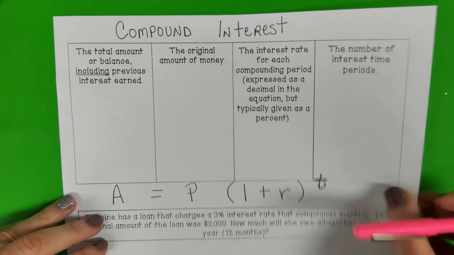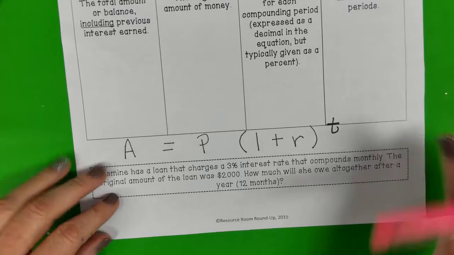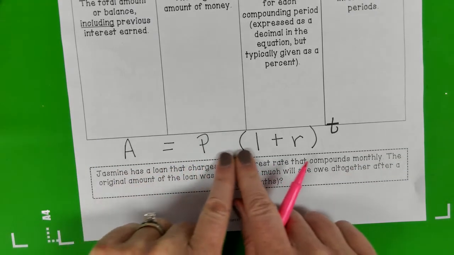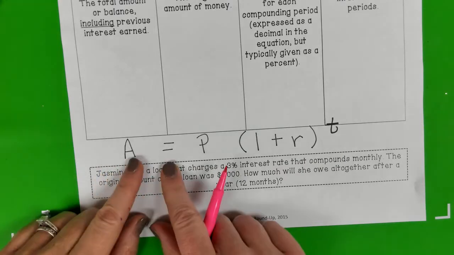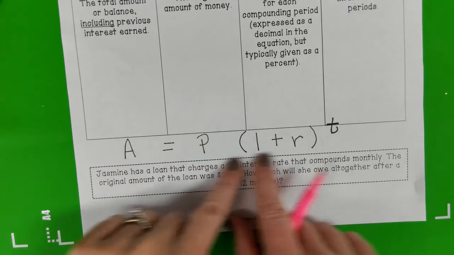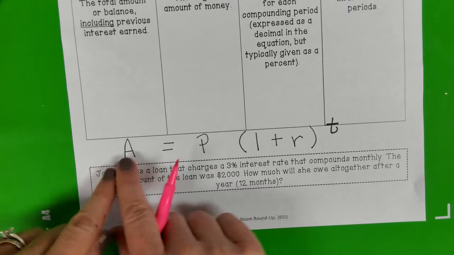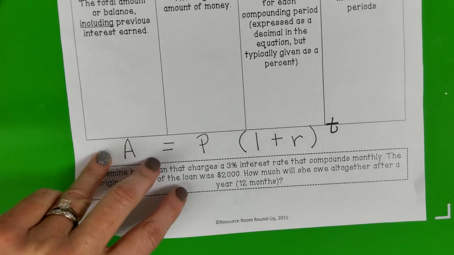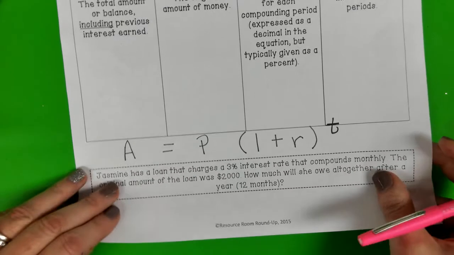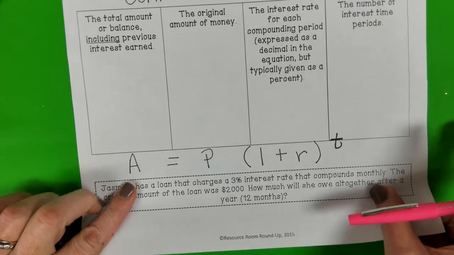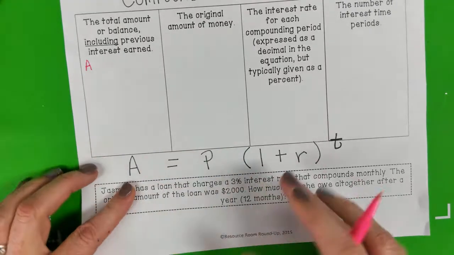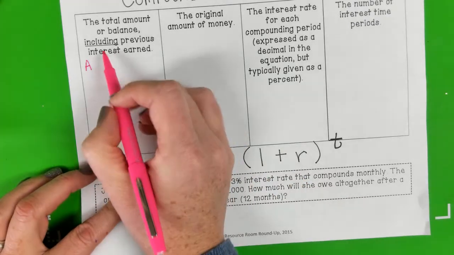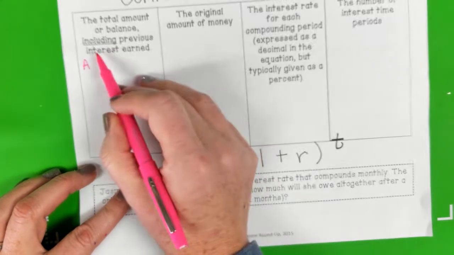Okay, so we do have a compound interest formula. Notice it has some similar variables to simple interest, but it also has a couple of extra things, or it looks a little bit different. It's a little more complicated. So our A stands for the total amount or balance, and it's including the previous interest earned.